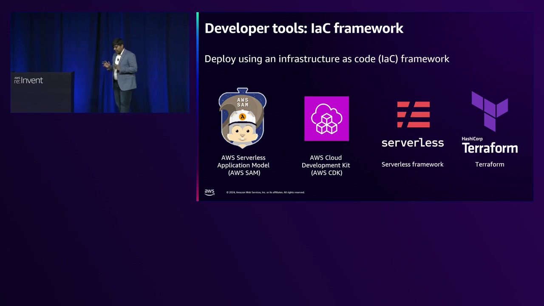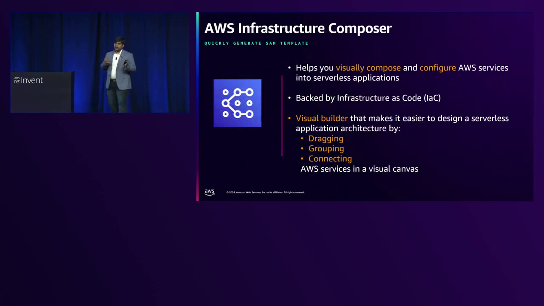Or especially when you are getting started with knowing these serverless services and how to use them, you can leverage AWS Infrastructure Composer, with which you can visually compose and configure these serverless services by dragging and dropping them in your visual canvas, and also connecting various different services to create event-driven architectures, all while it is generating the infrastructure as code for you to deploy.